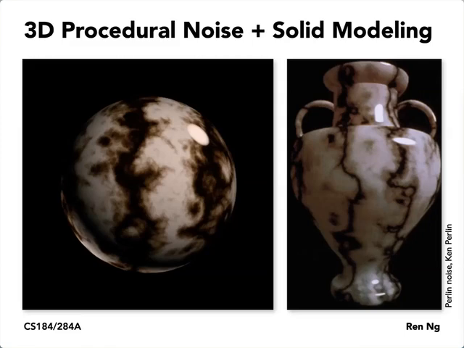Let me switch gears and give you another flavor. I think this is so awesome. This is 3D texture mapping. So we talked about 2D texture mapping so far. In this case, you can think of defining some kind of function in volumetric space. There's different ways to get that data. I'll show you a few examples. In this case, on top of being in a volumetric space, the value of the function itself is defined procedurally.